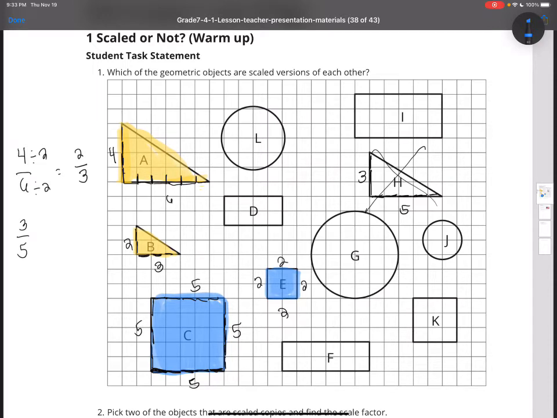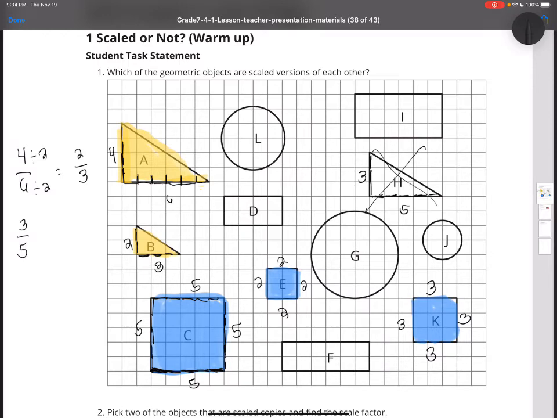If you guessed K, you are absolutely correct, and I'm going to highlight that in blue. The reason why it would be K is because the sides are 3, 3, 3, 3. All the sides are equivalent to each other, which holds true for a scale copy.